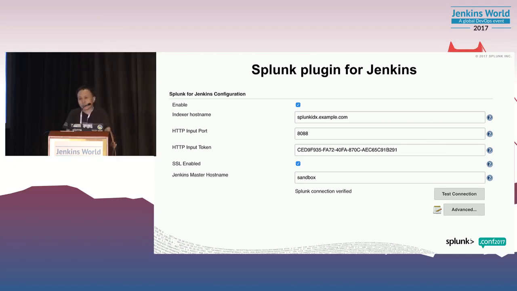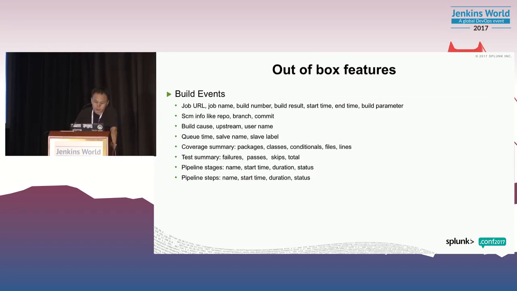I will talk more about the build events, which you may be interested in. The build events have some build core data, for example, who triggered the build, and the build may be triggered by another job, called an upstream job. We extract other information such as the start time, end time, and build parameters.